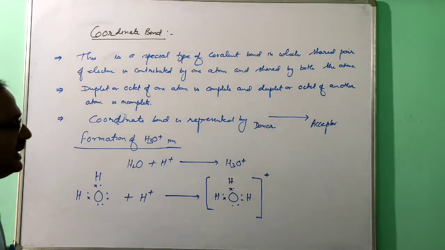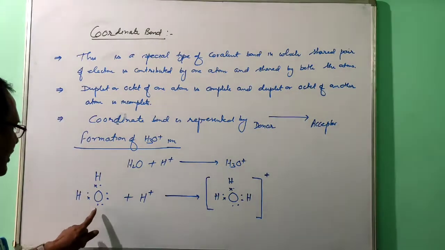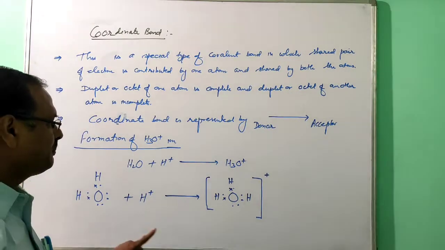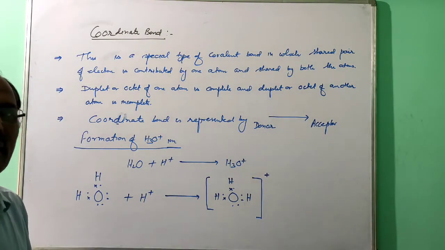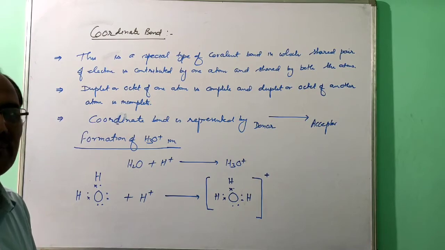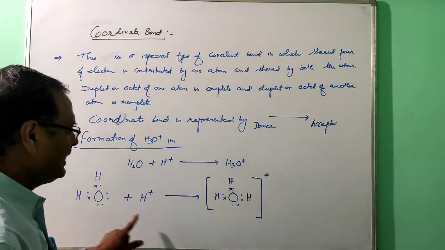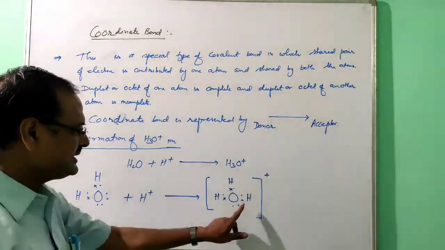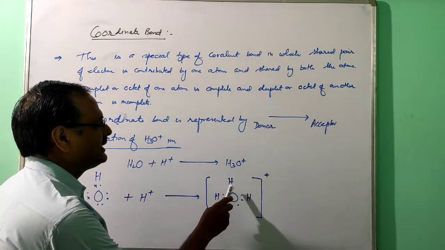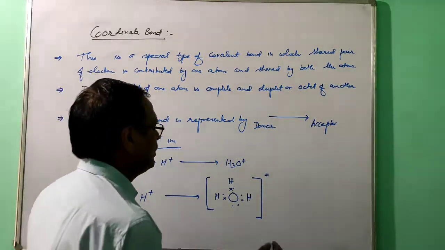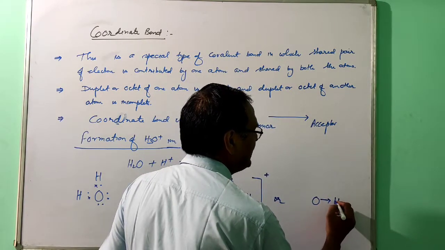What I told you about the coordinate bond: the octet of one atom, oxygen, is complete, and the duplet of the other atom is incomplete. This is a special type of covalent bond in which the shared pair of electrons is contributed by one atom and shared by both the atoms, contributed by oxygen. So this is the coordinate bond. This bond is coordinate, and these are covalent, covalent. This is how the coordinate bond is represented.